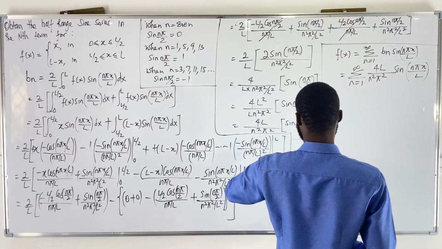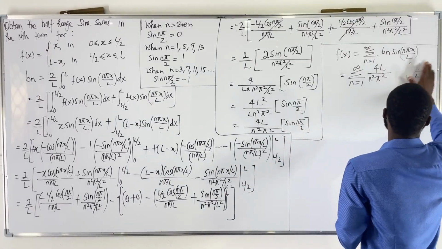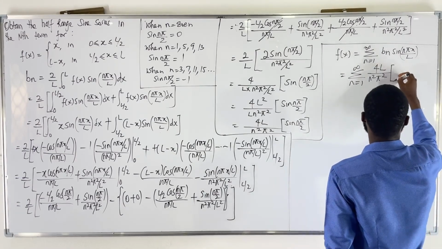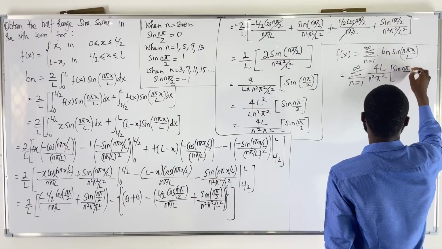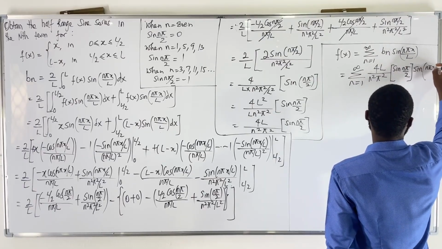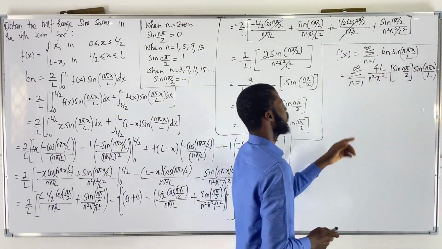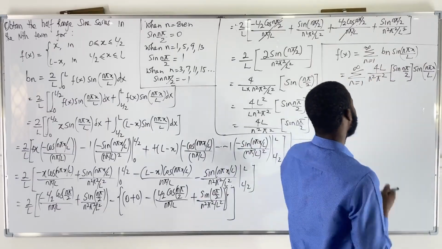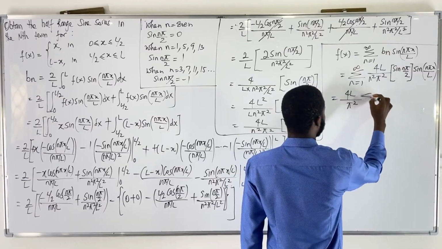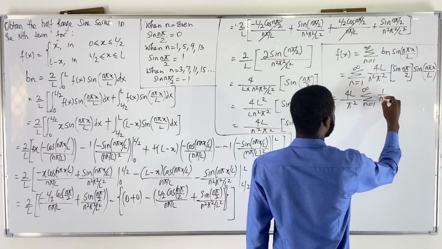Oh, hold on, I've not put in my n pi over 2. Bracket sine n pi over 2, then sine n pi x over L. Okay, so the constant here will be 4L over pi squared. Then the sum from n equal to 1 to infinity.